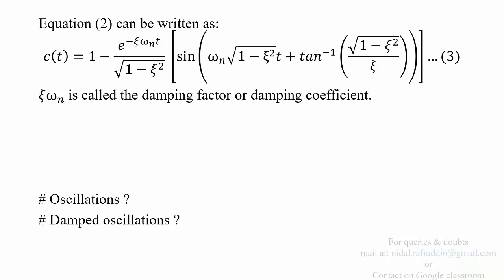In order to make you understand how this output behaves for different values of zeta, I'll try to plot this. You can easily evaluate it for zeta equal to 0 by substituting. You get e raised to power 0, which is 1. Under root 1 minus zeta square becomes 1, so you're left with omega n t, plus tan inverse of 1 upon 0, which is infinity, and this goes to 0.